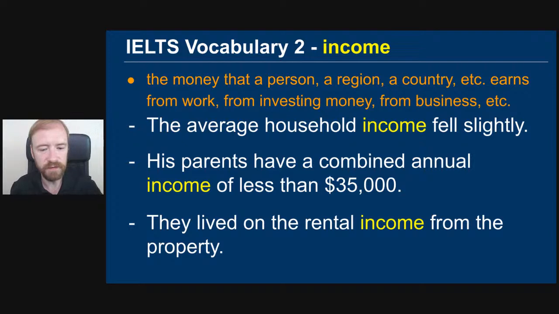And they lived on the rental income from the property. Okay, so in the last sentence, there's no salary. They don't have a salary. They are only living from rental income from the property. They have some property, maybe an apartment, house, I don't know. They have some renters, and the renters are paying every month. So that is rental income.